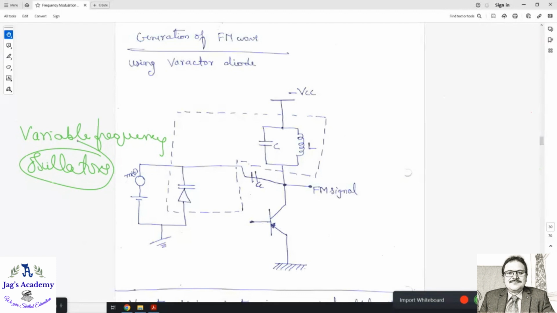So 18 students will be using 18 frequencies. I will tell you how to design it, then I'll give the circuit, and you will be allotted a frequency, and you are supposed to generate an oscillator of that particular frequency. Have you understood this? It's simple. It is not more than 1 or 2 hours of work, maximum. You just have to build a circuit on the breadboard according to the design.